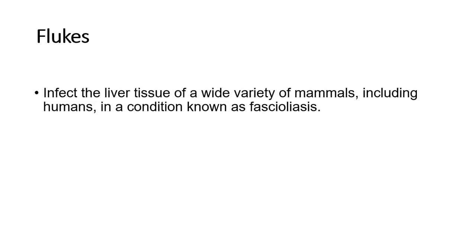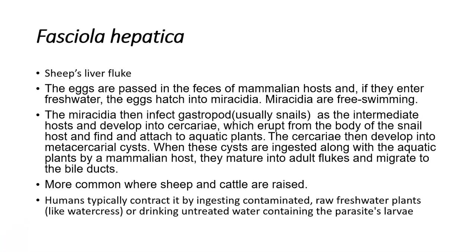Usually what happens is the eggs are passed in the feces and they enter the fresh water, the eggs hatch, and these guys are free swimming, and they infect some kind of water organism, usually snails. I'm very careful if you eat snails, but basically that's the intermediate host, and then they mature into flukes and that sort of thing.